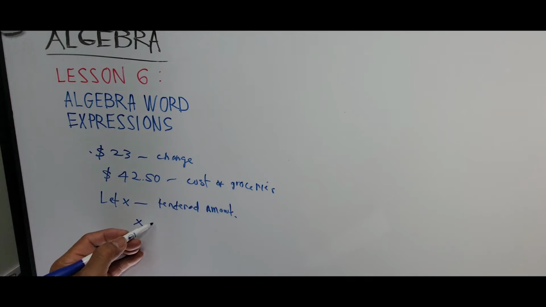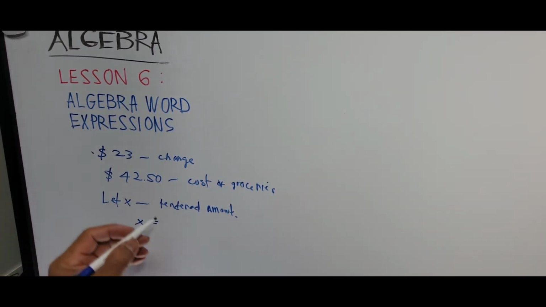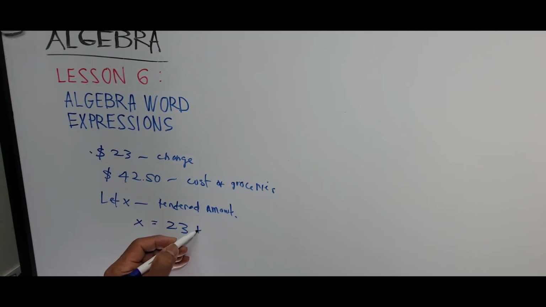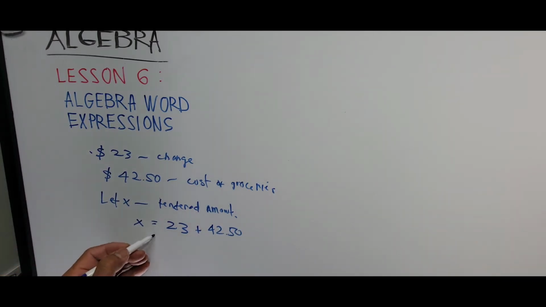is equal to, how do you translate that into an equation? That's your total money given to the cashier, and you're given a change of $23. So that is $23 plus your 42.50. That's the amount of your groceries. So that's x, right? That's easy, right? Add that up.